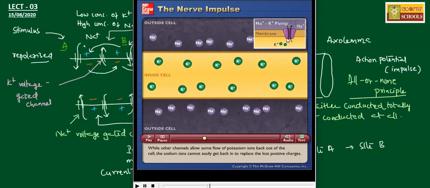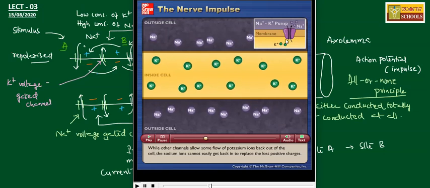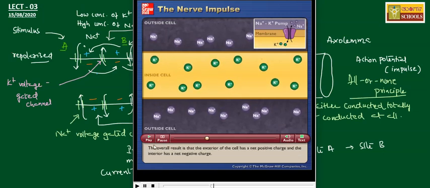Here is the sodium potassium pump, and I told you that this is mainly responsible for maintaining the concentration differences across the membrane. So we have seen that there are more sodium ions in the ECF and fewer in the axoplasm.